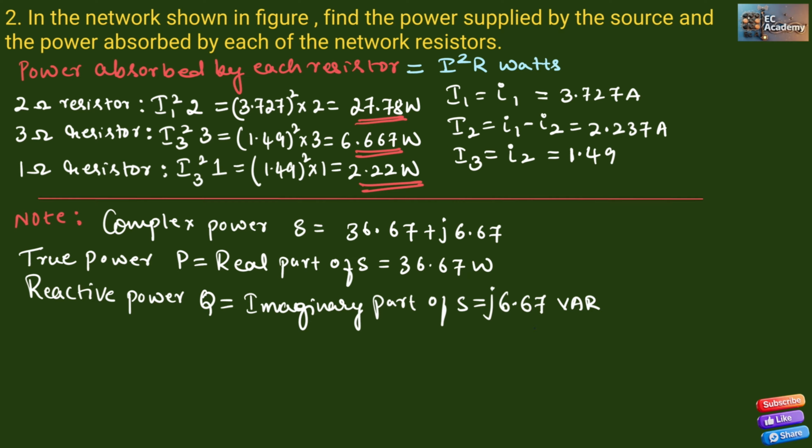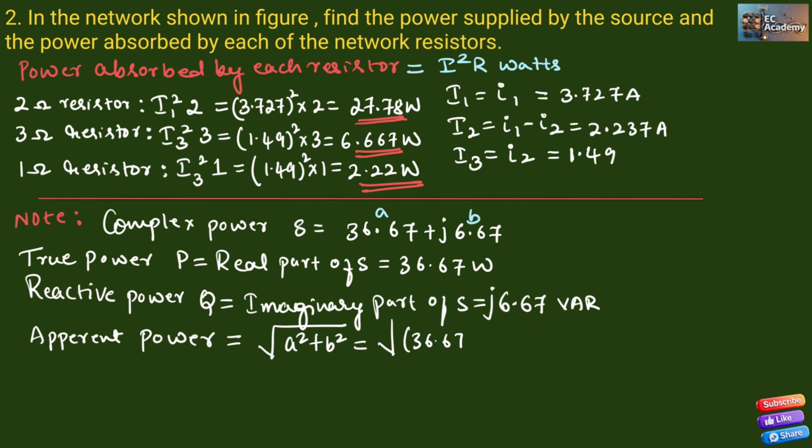If they ask for apparent power, so if this is A and B, the apparent power can be written as square root of A squared plus B squared. So A squared plus B squared is square root of 36.67 squared plus 6.67 whole squared. So this will be equal to 37.27 VA.